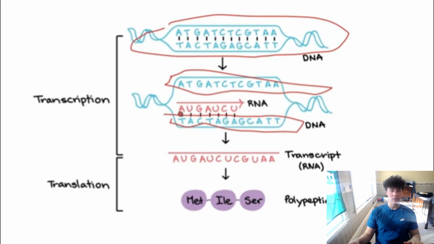So the RNA, with the help of transcription factors, is going to bind on, and it's just going to build a continuous strand. And keep in mind, RNA does not need any primer, so it can just build.